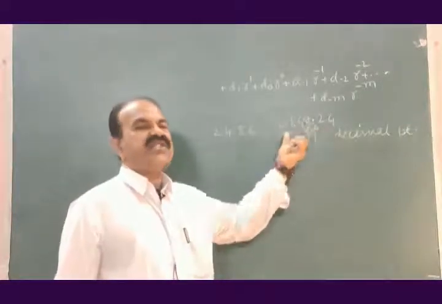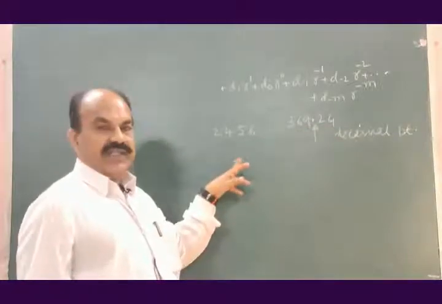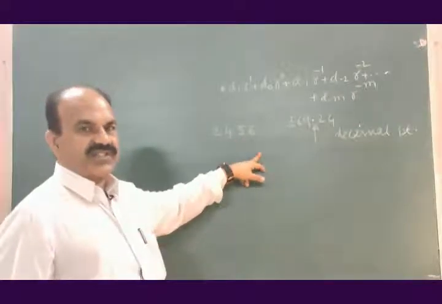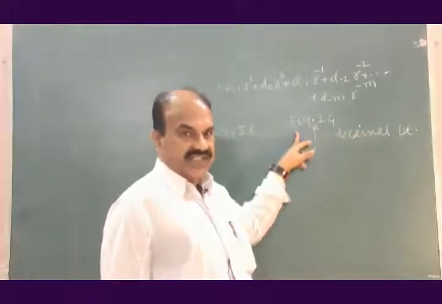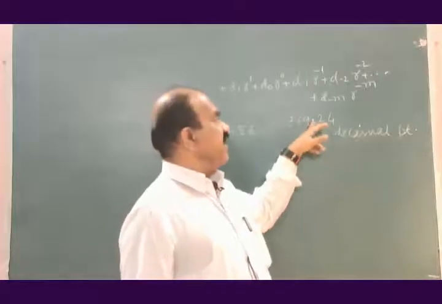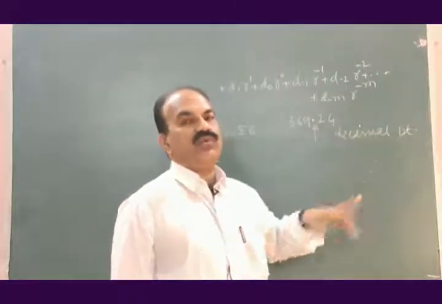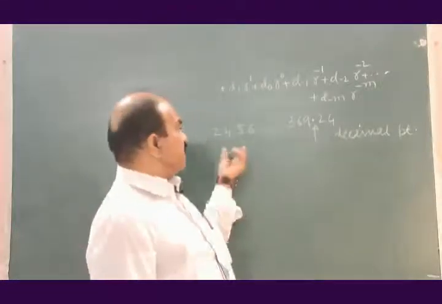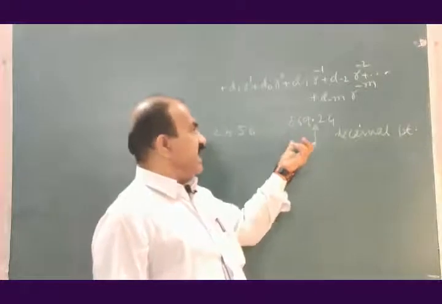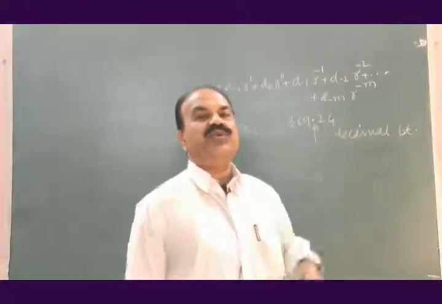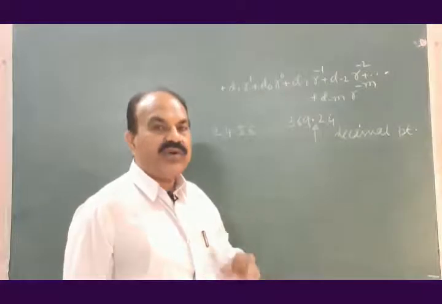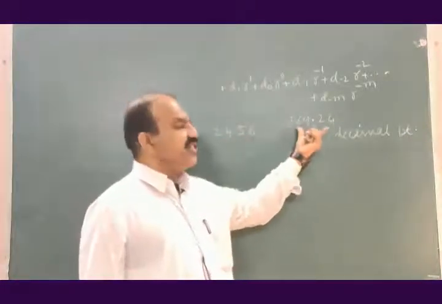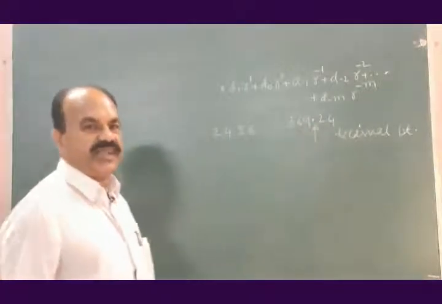This is a mixed decimal number. You will read it as 2456, and you will read this as 369.24. How do you come to know that this is 2456 and this is 369.24? Because you know this is positionally weighted, and this is also positionally weighted.